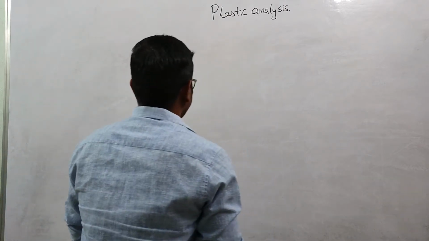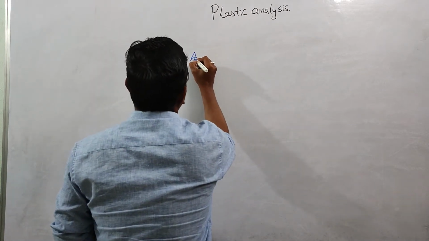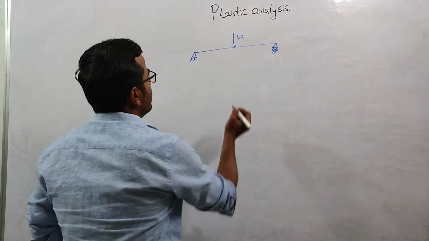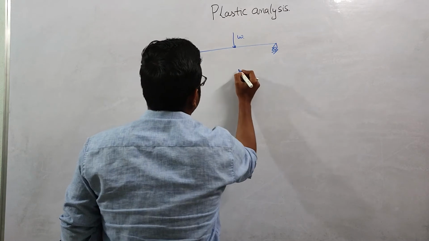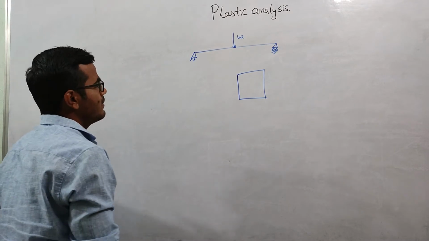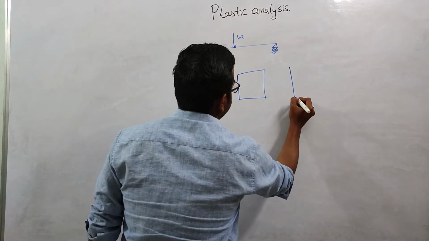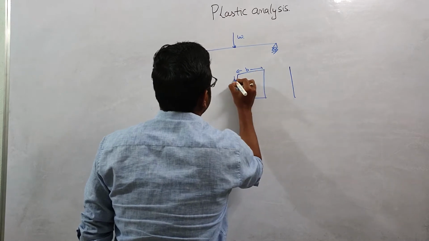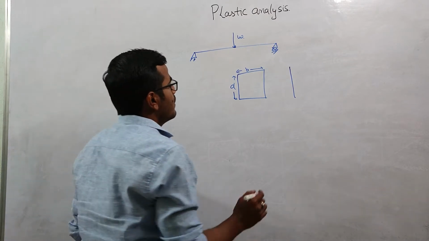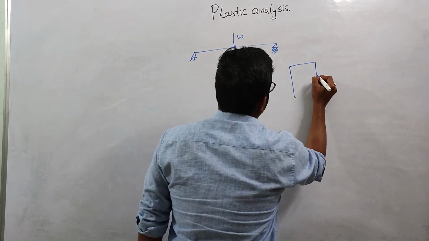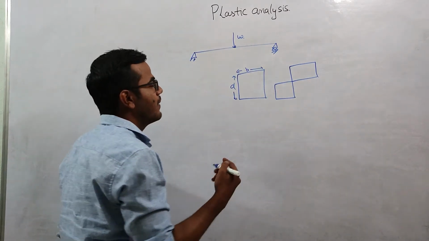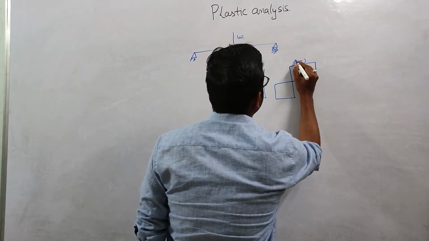Let us suppose in this simply supported beam, we apply a load W at the center. If we draw the stress diagram for this cross section, where this is B and this is D, we came to the conclusion that each fiber will yield, and the stress at each level will be sigma y.